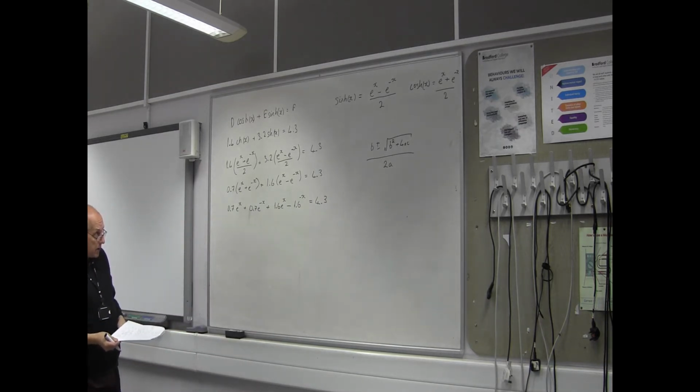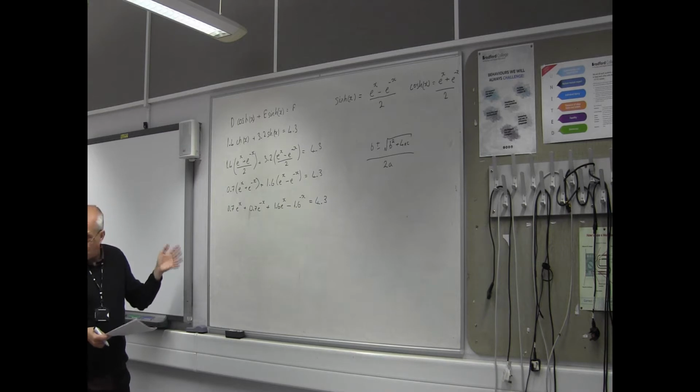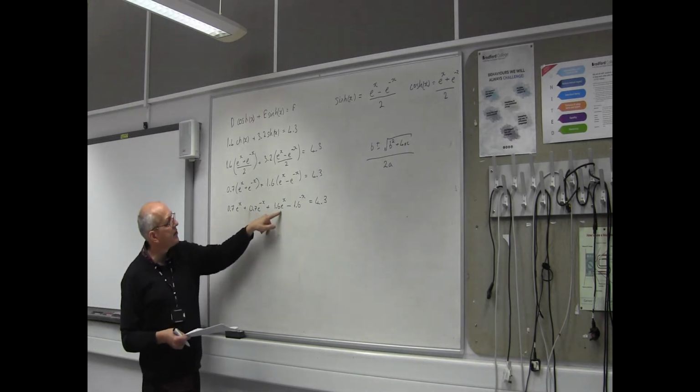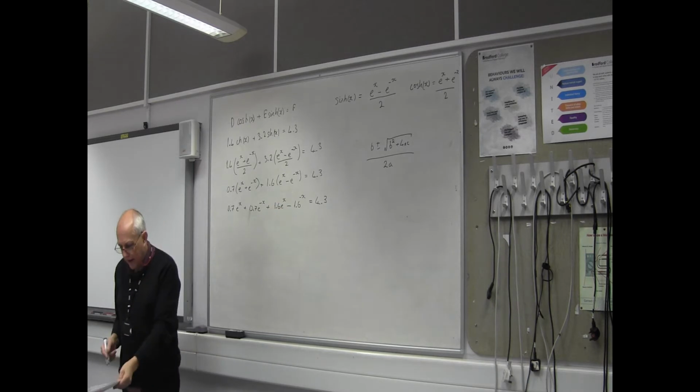Then, what would I do next? I multiply it out with brackets. There's certain steps you always end up taking with these things in any algebraic situation. I've got e to the x, e to the minus x, e to the x. Add the right terms together.